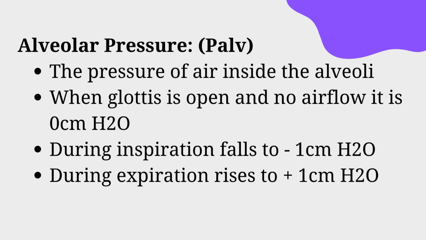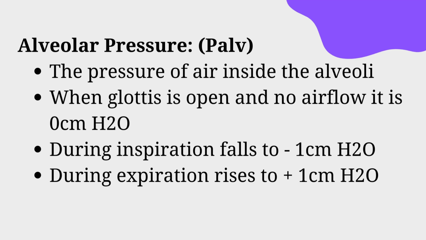And here this can become slightly tricky to understand. The normal pleural pressure at rest is minus 5 centimeters of H2O. Then during inspiration it rises, negatively, to minus 7.5 centimeters of H2O. And then when you expire, it goes back to minus 5 centimeters of water. However, this is not the case with alveolar pressure.